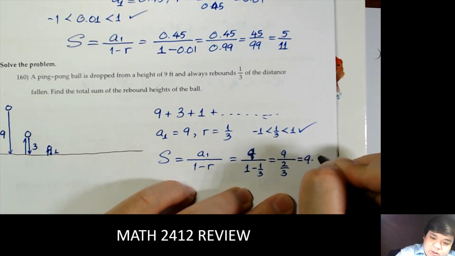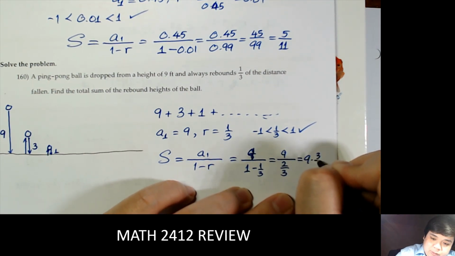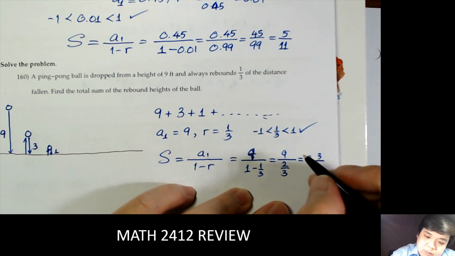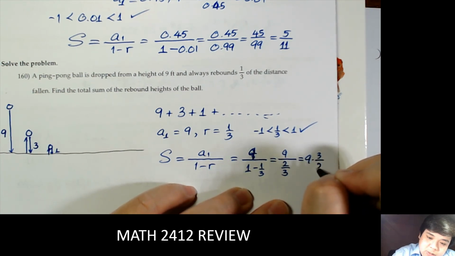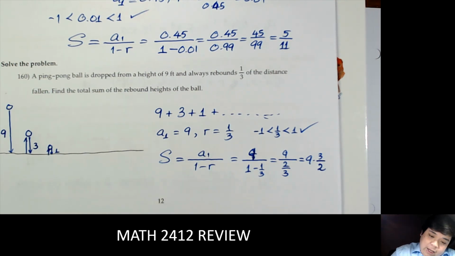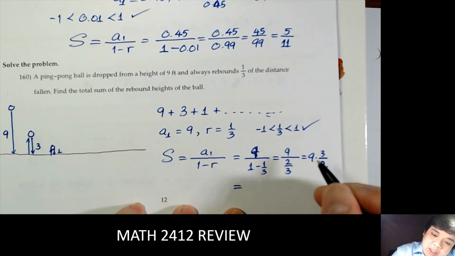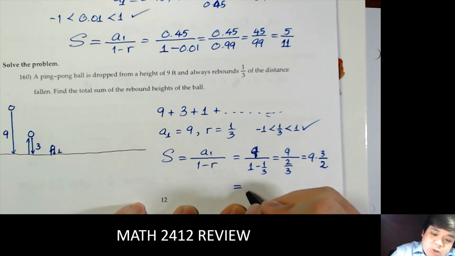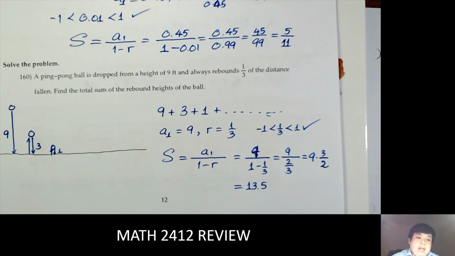Multiply by the reciprocal. It is going to be 27 over 2, or 13 and a half. Right, so that is the total height.